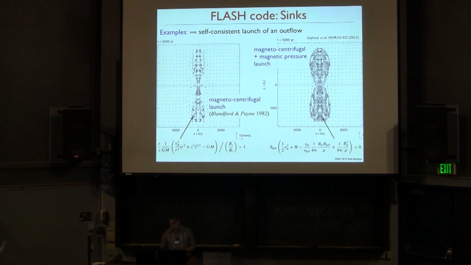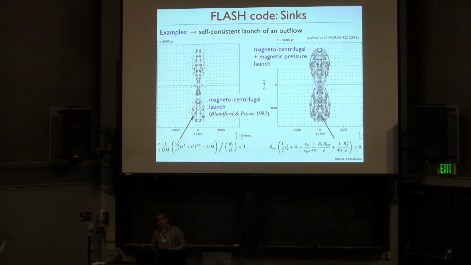And you can do an analysis of this simulation and ask yourself, because there's a classical theory of magnetocentrifugal launch. Essentially the gas is confined to magnetic field lines, and you fling them around. The gas moves along the magnetic field line, eventually leaves the disk surface, which is called magnetocentrifugal launching. This was worked out in a seminal paper by Blandford and Payne in '82.